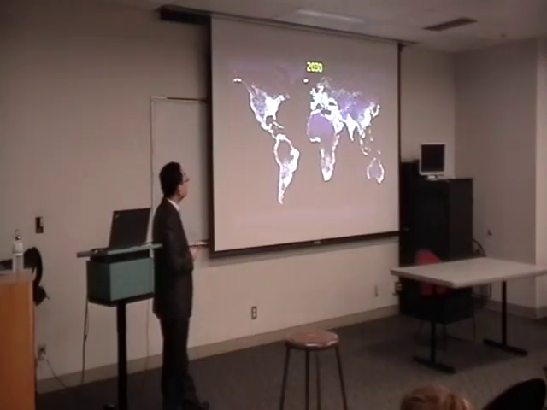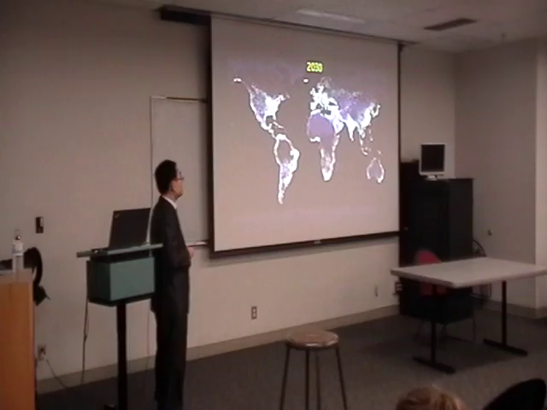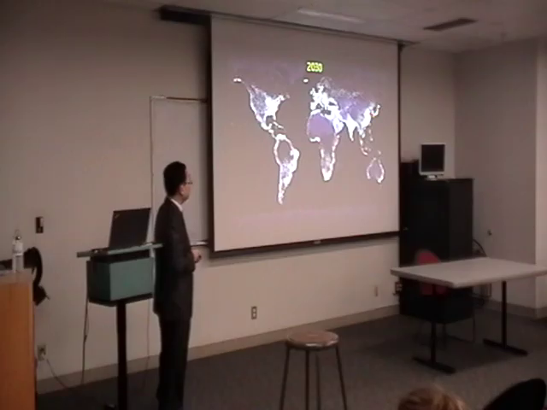This is expected energy power in 2030. You can see significant growth of energy power demand, not just in developed countries like the US and Europe, but also in underdeveloped or developing countries like Latin America, Africa, India, or China, etc.